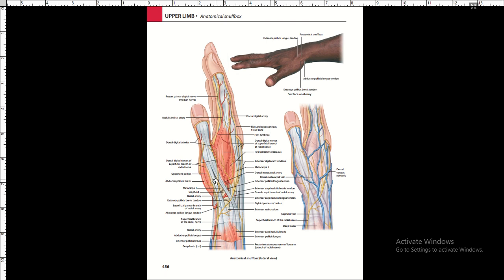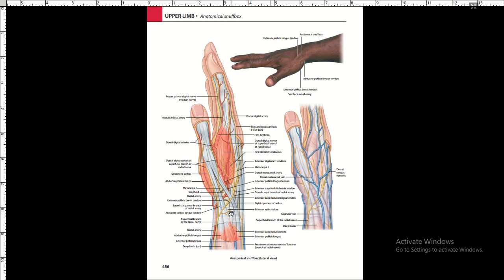The lateral border is going to be formed by two tendons. This one being your abductor pollicis longus, and this one being your extensor pollicis brevis. So the abductor pollicis longus and the extensor pollicis brevis form your lateral border.